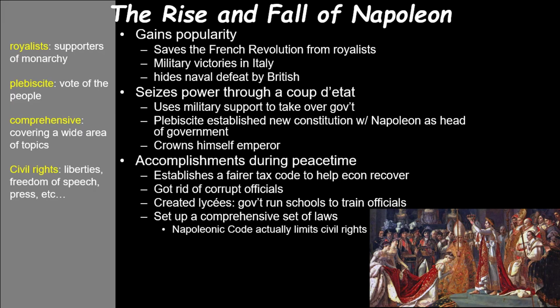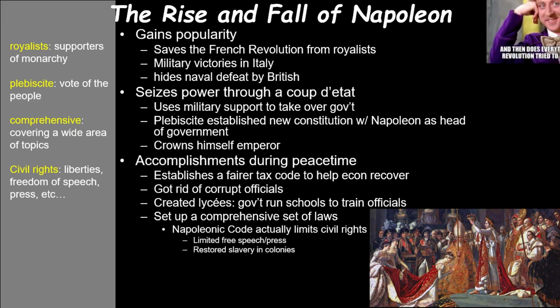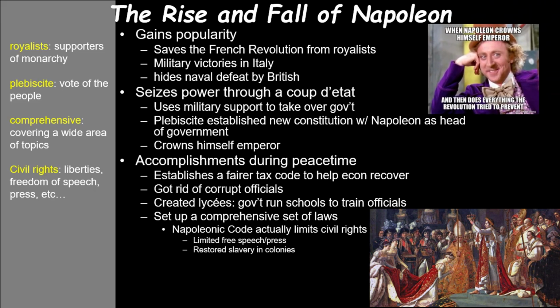To his credit, peacetime Napoleon was productive. He fixed the tax system, fired corrupt officials, created lycées, government-run schools to train future leaders, and dropped the Napoleonic Code, a new legal system. The plot twist? That code actually limited civil rights. Free speech and press?